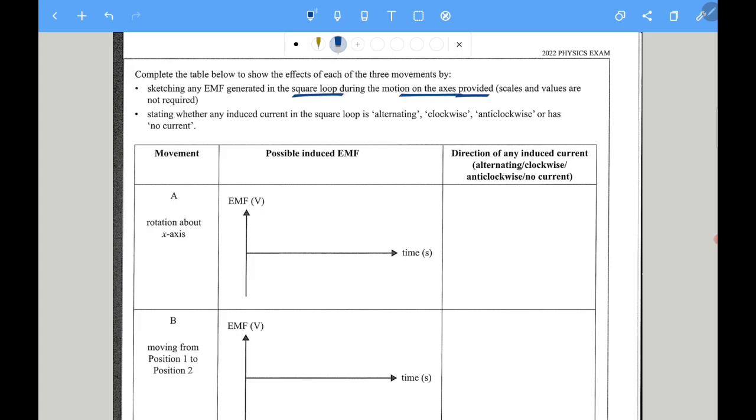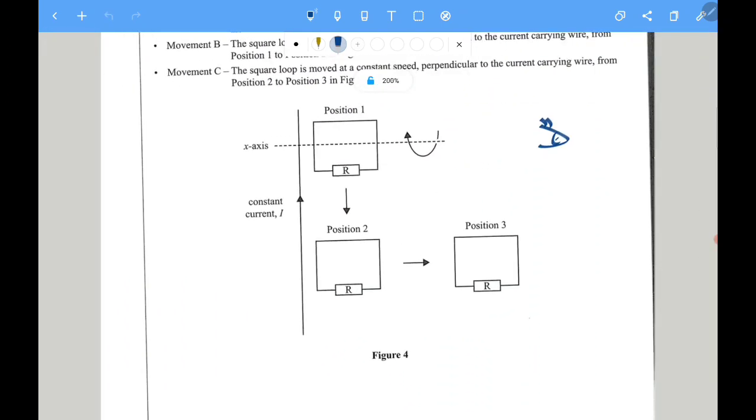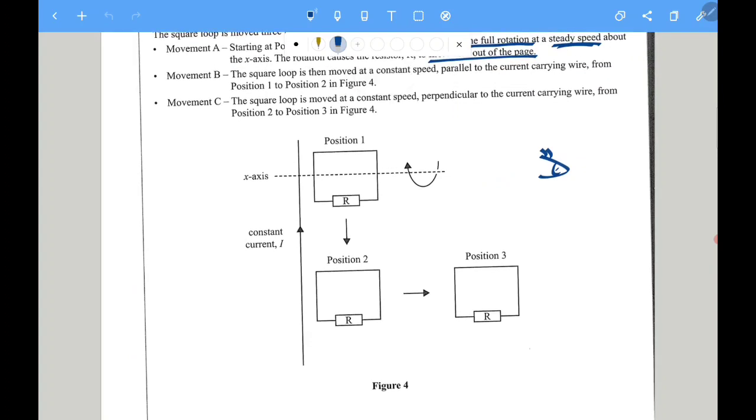So this is actually a really good question because it highlights how the different motions of a coil with respect to a magnetic field affect the shape of the EMF graph. Okay, so we know here for a fact that we're going to have our magnetic field.